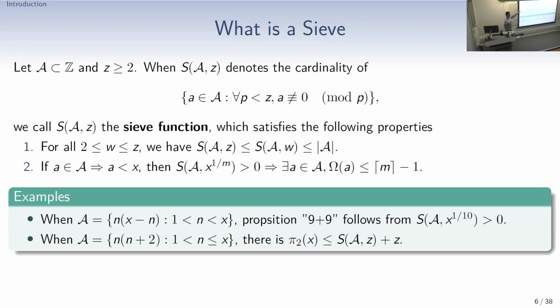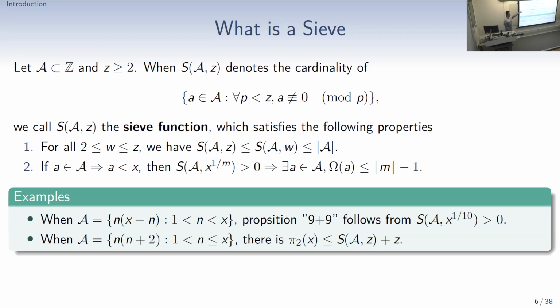The reason for that is because 2 is the smallest prime number. And this function S denotes the cardinality, or the number of elements, of this set. The set is described by taking the elements of A that do not have any prime divisors less than z.